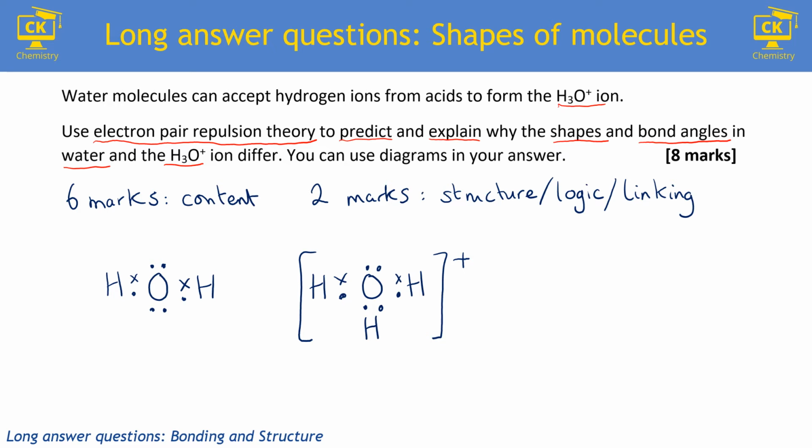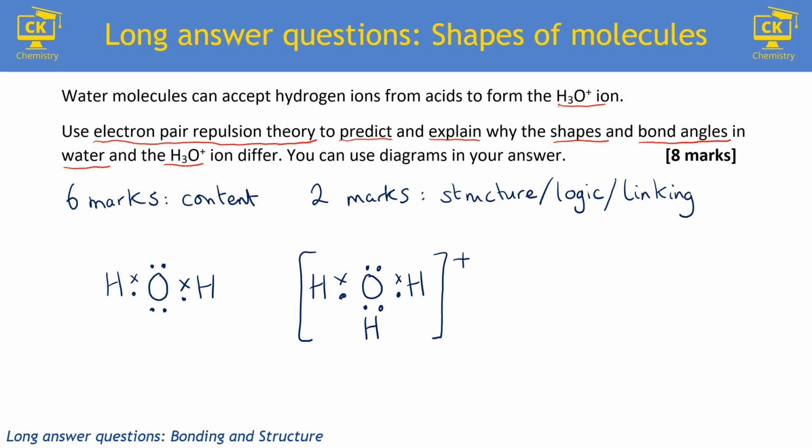So one of the most important things that a lot of students miss is they don't explain the way that electrons spread out. They go straight to the repulsion of lone pairs compared to bonds, and they don't really talk about the number of sets of electrons and then therefore how that leads to a shape.